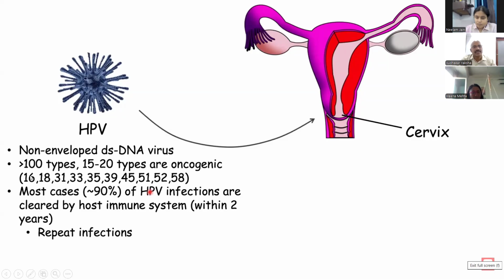They will cause the cancer. Serotypes 16 and 18 of human papilloma virus are responsible for cervical cancer. Repeated infections by these highly oncogenic viruses will cause cervical cancer.